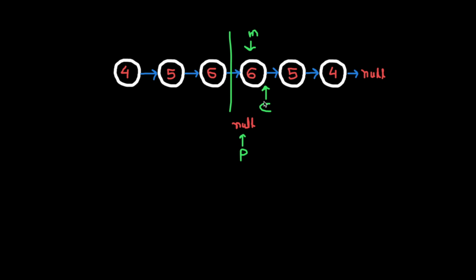And we'll reverse the linked list one by one by making use of this pre and current pointer. In each iteration, we'll disconnect this link and make it point to the previous node in this way.